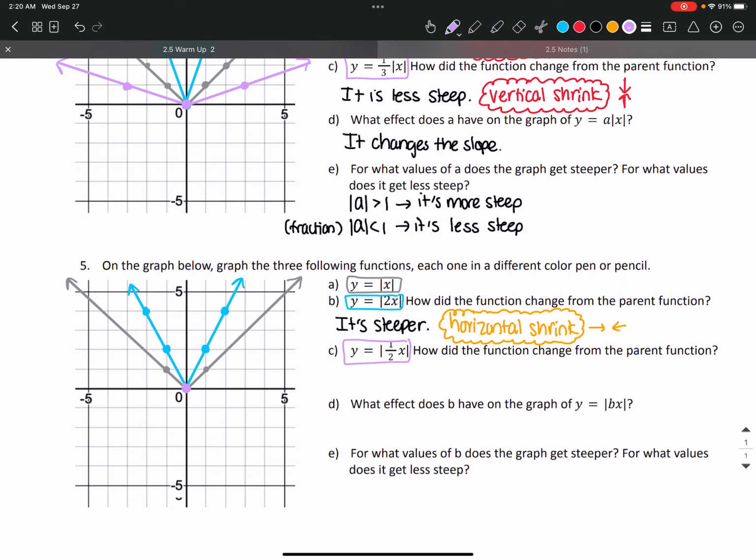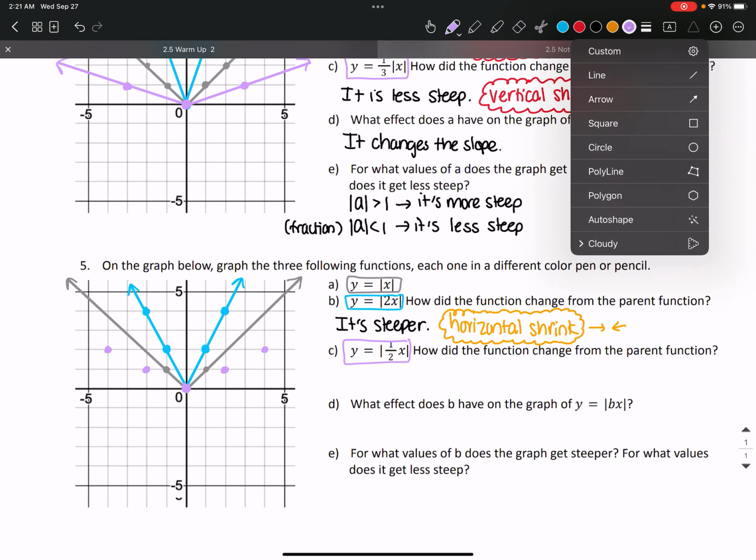So the next one I would pick is 2. If I plug in 2, I'm going to get 1. The next one I would pick is 4. If I plug in 4, I'm going to get 2. And then on the other side, I can reflect those points there and there. And then I'm going to connect them.